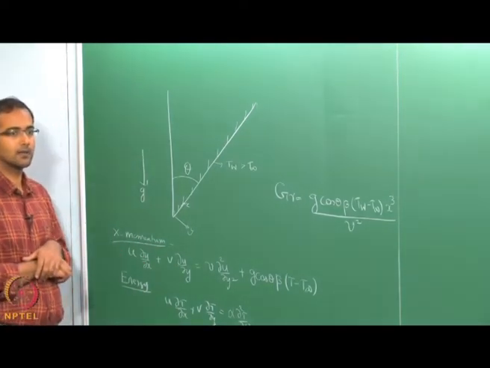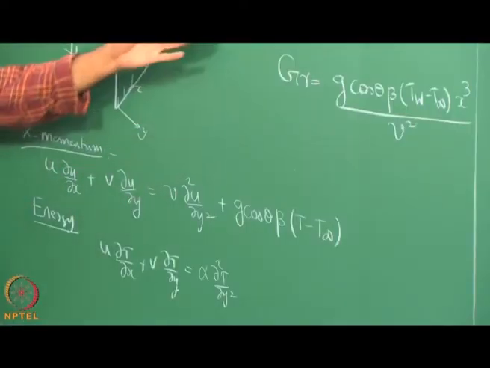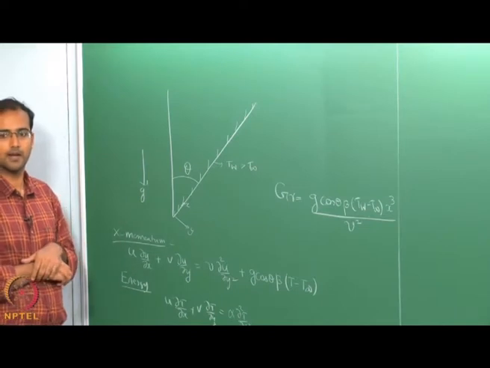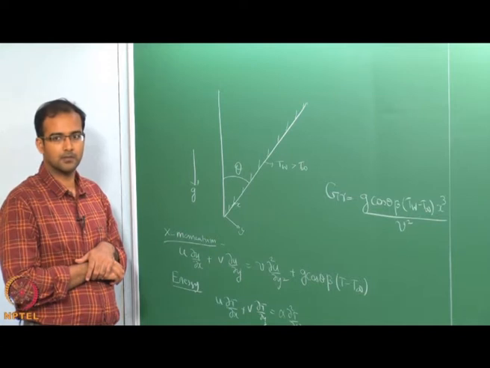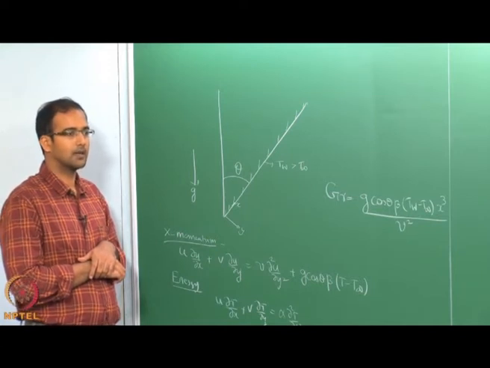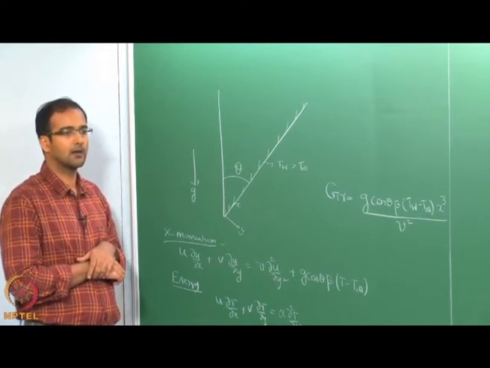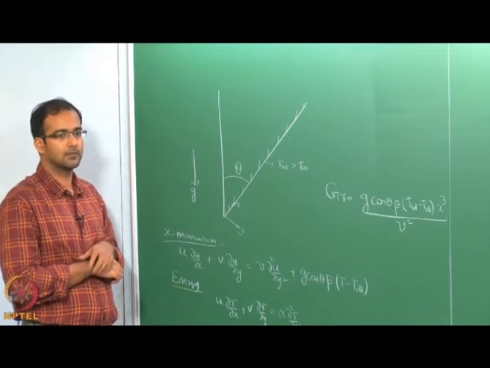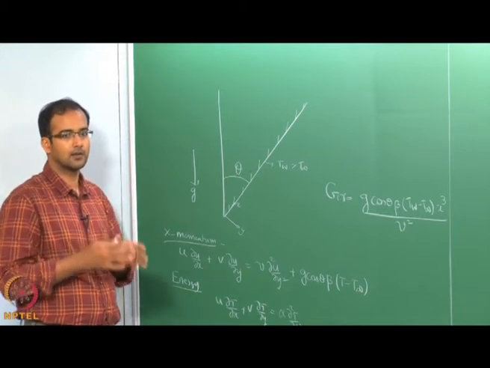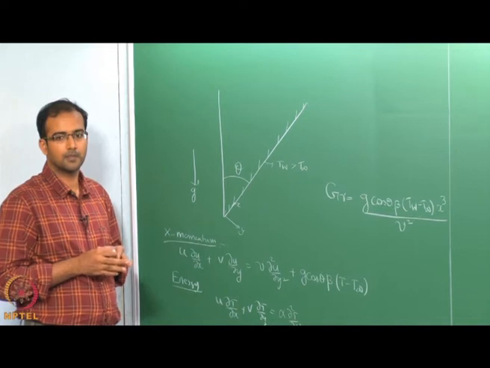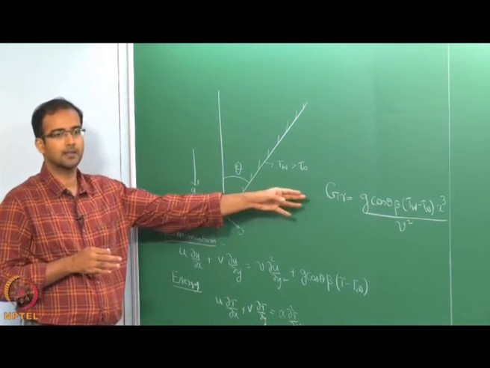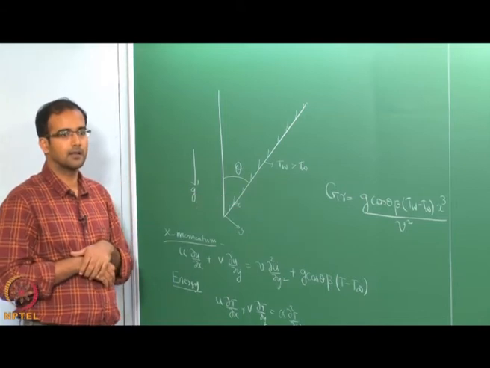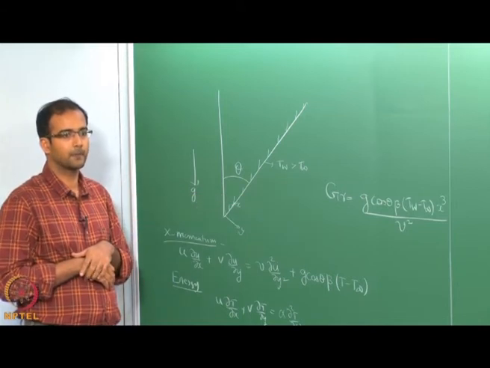So, we will just include the inclination angle cos theta directly into the definition of Grashof number, so that whatever solution that you already encountered, whether it is the similarity solution or the approximate solution, is still valid for this case with the slight modification in the Grashof number. Okay.